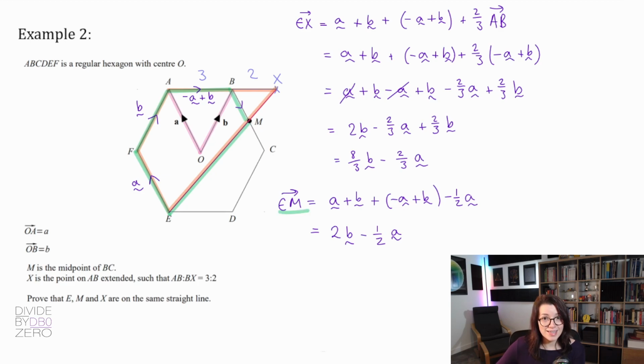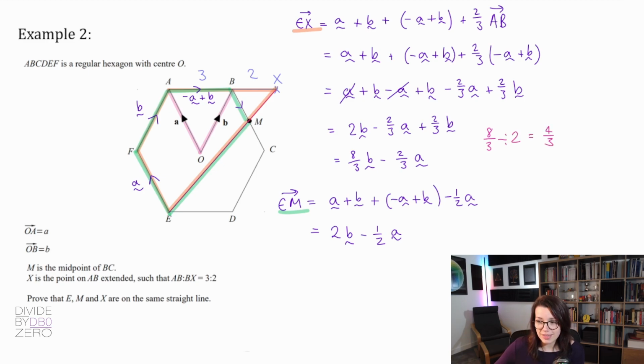So we've got vector EM and we've got vector EX, and now we want to show that these two vectors are parallel. To do this, we need to show that these two vectors are multiples of each other. Just from looking at this, it might not be obvious whether the two vectors are multiples of each other or not. So you can do some investigation by maybe dividing the different parts by each other. So for example, if you did 8/3 divided by 2, you get 4/3.